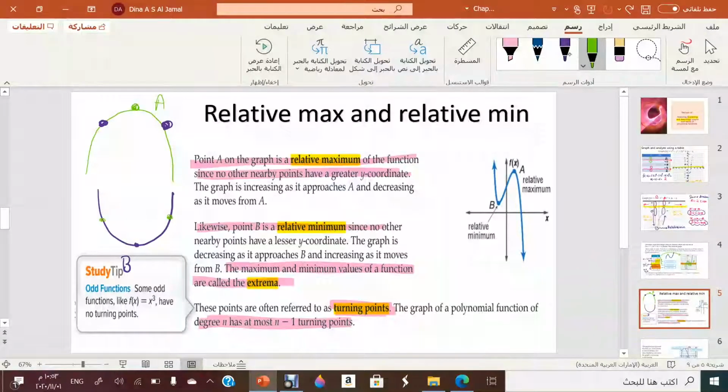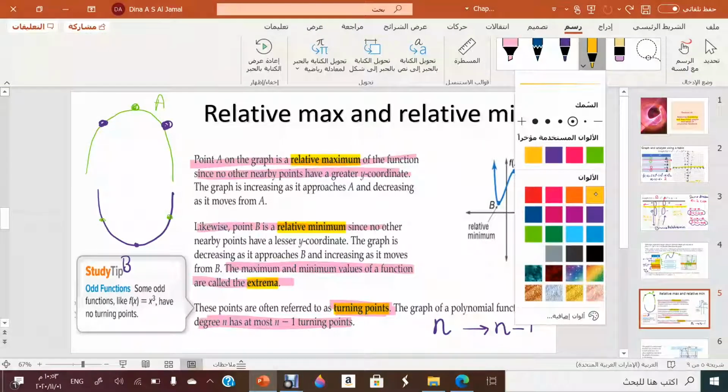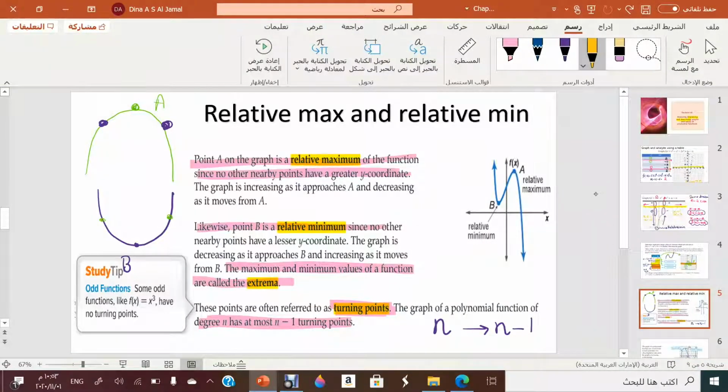Great. Now, what about if you would like to find the turning points, which are the maximum and the minimum, which are the extrema? If you are having a degree of n, all you need to do is take n minus 1. And it is the same when you do synthetic division and find the depressed polynomial. It is the same equation.